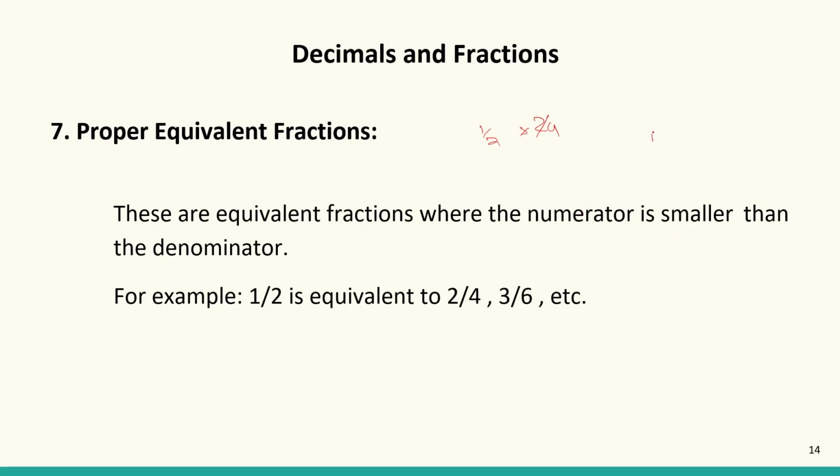If P is less than Q and P by Q is equal to R by S and R is less than S, where Q and S are not equal to 0, and you know the reason why, then with these conditions we say that this is a proper equivalent fraction.